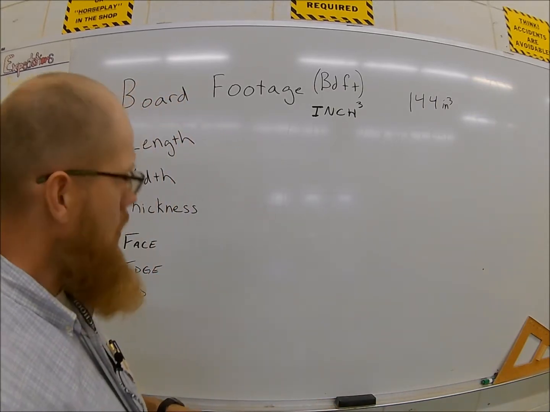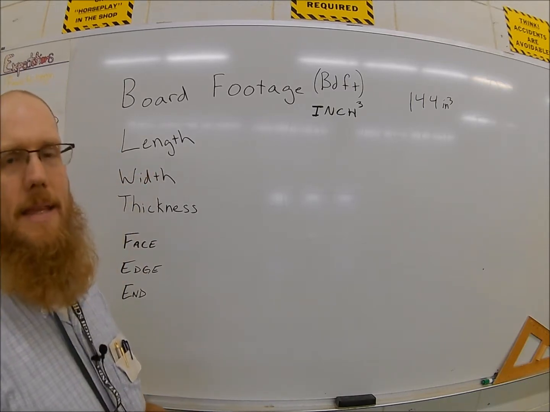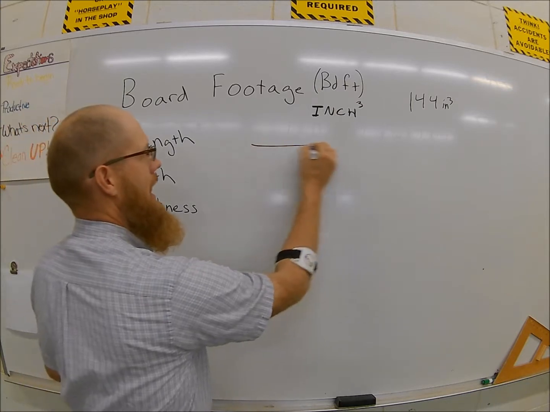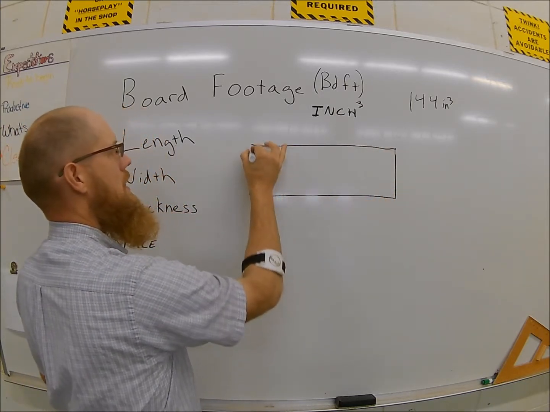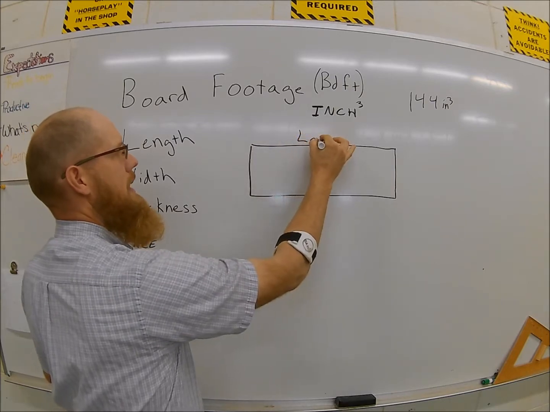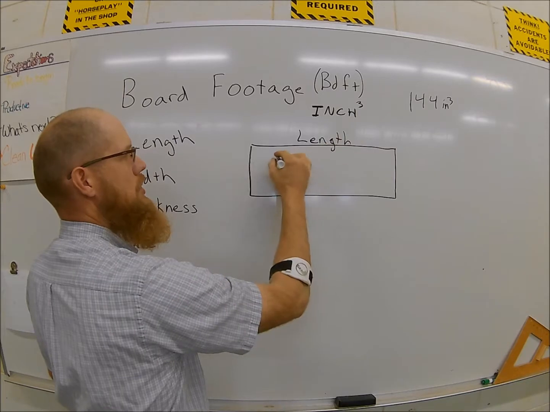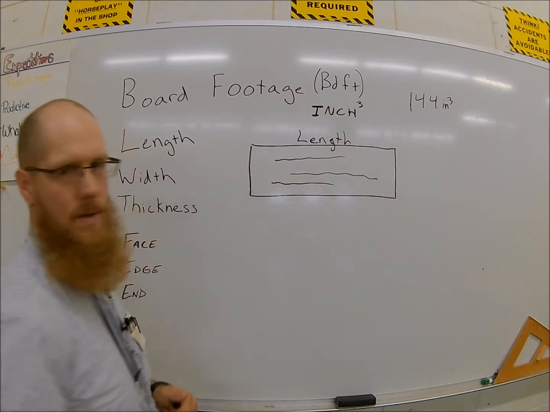One of the first terms that we need to know is length. Length is going to be in the direction of the grain. So if I have a board here, this will be the length. So you will see grains going in this direction.